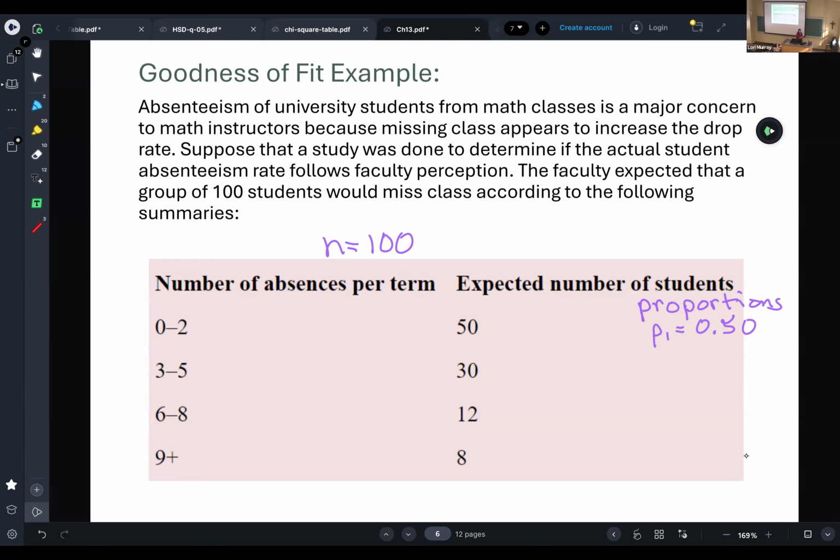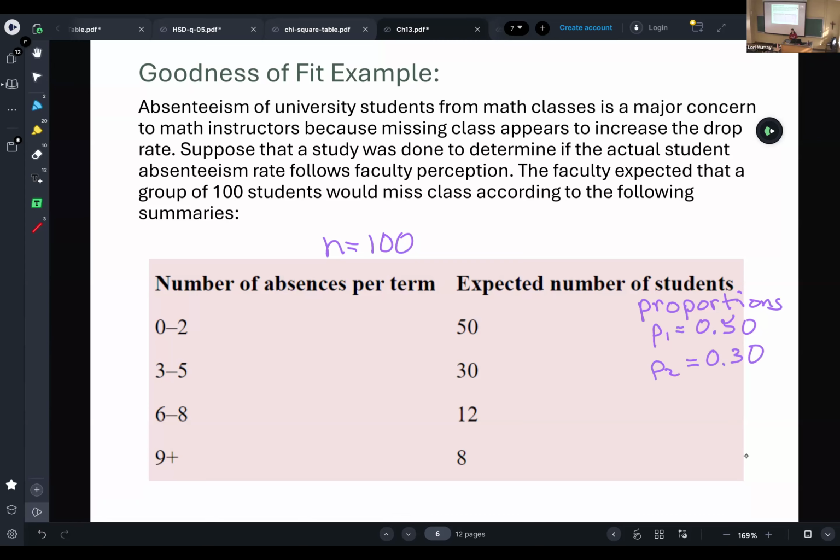So for 0 to 2 days, 50% of the students will be absent. 3 to 5 days missed, they expect 30% of the students to be absent, right?